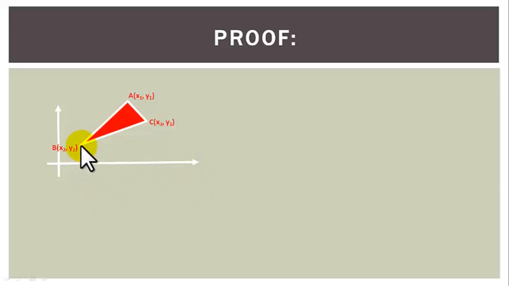Then project the point B on the x-axis and let us name that point D. Project the point A on the x-axis and name the point E. And also project the point C on the x-axis and name the point F.